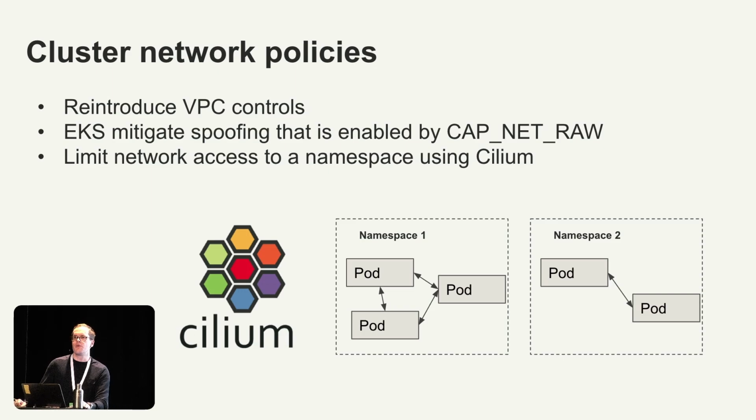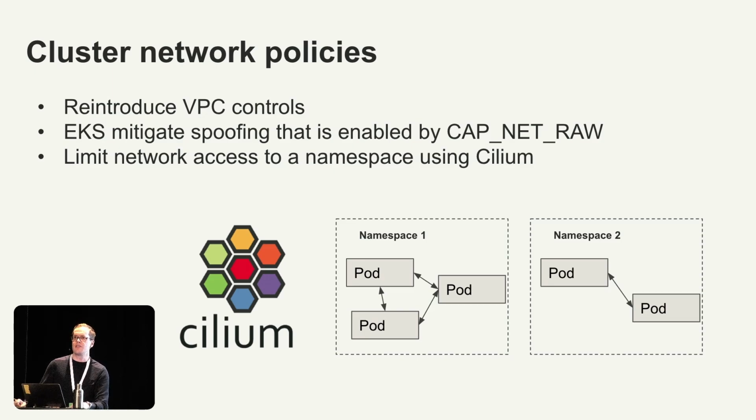So for cluster networking policies, since Kubernetes implements its own networking, you don't necessarily have those controls out of the box. So in AWS, they have some support for security groups with Kubernetes, but it has some limitations. So we've gone with a custom implementation called Cilium.